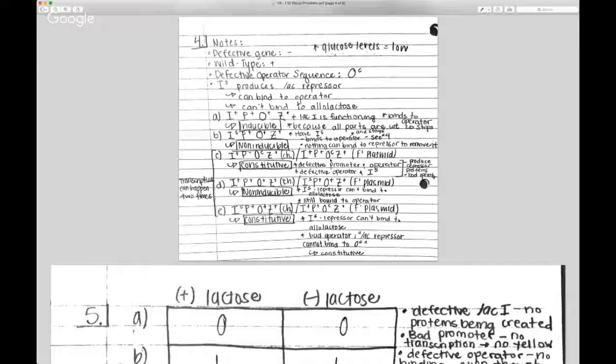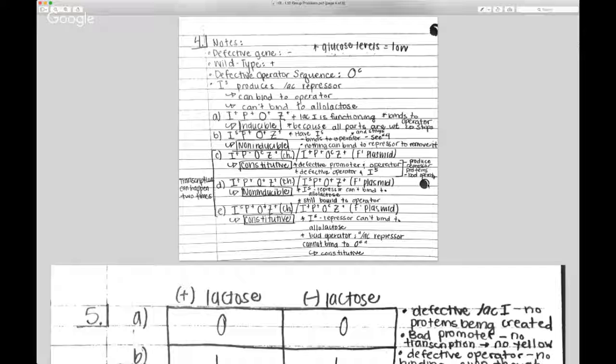And so this ends up being constitutive because there's a defective promoter and operator on this one, and a defective operator here. And this means that there's two operators going, and they're both functioning. So repressor proteins are being produced correctly, but there's a bad operator, so it ends up being constitutive.